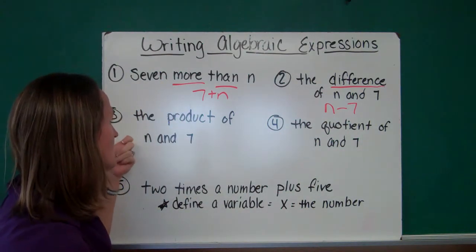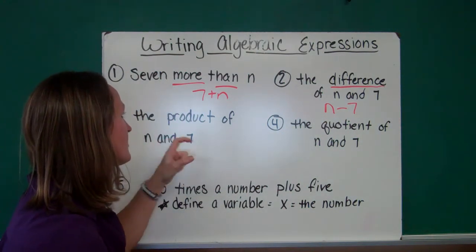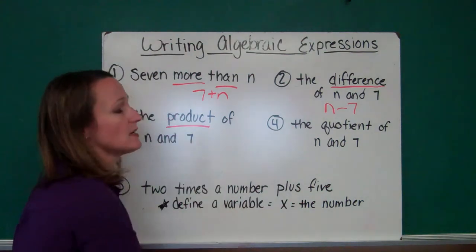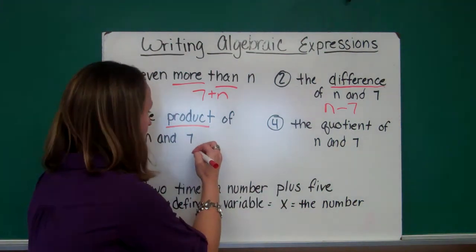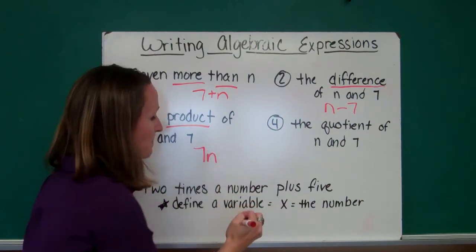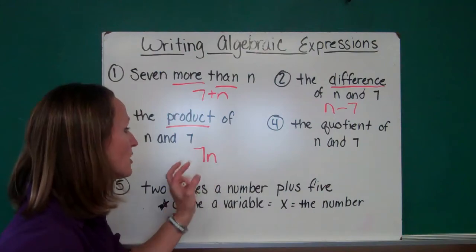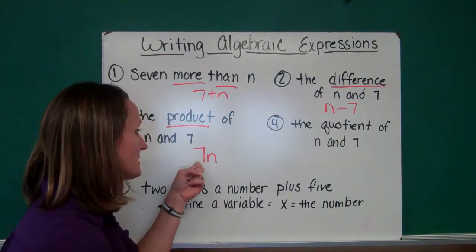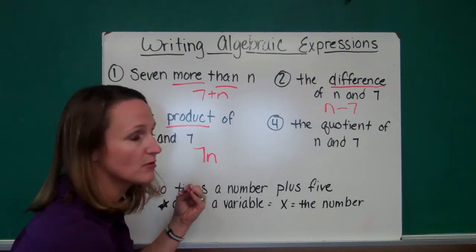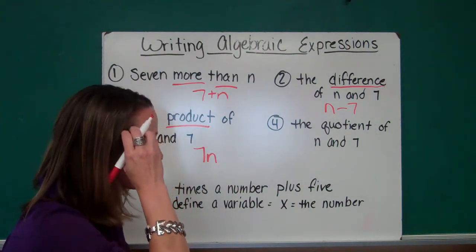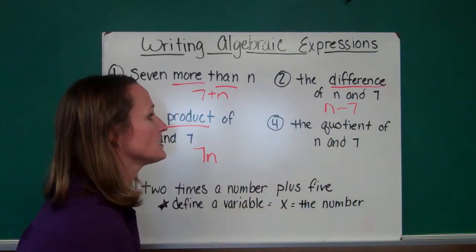Okay, for the next one, the product of n and 7. Product tells us to multiply, so we want to say 7n. Again, like addition, multiplication is commutative, so you could go either way, but the proper way is to say 7n. You put the number first before your variable. And then this next one, the quotient.